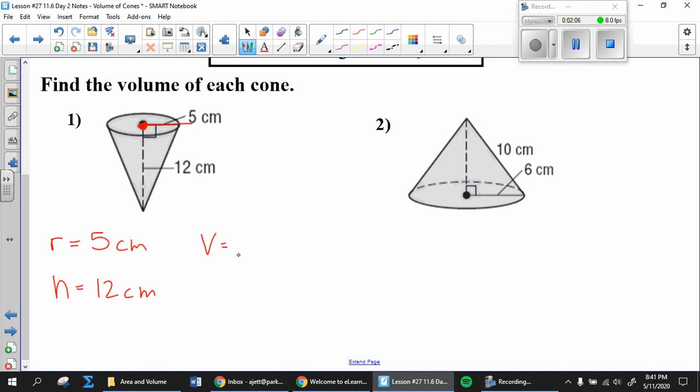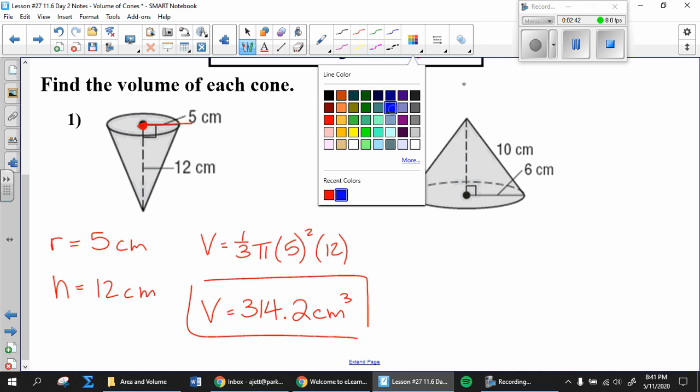So volume is 1/3 pi radius squared times height, which is 12. If we type that in, 5 squared times 12 times pi, divided by 3, we should get 314.2, still volume, so centimeters cubed.